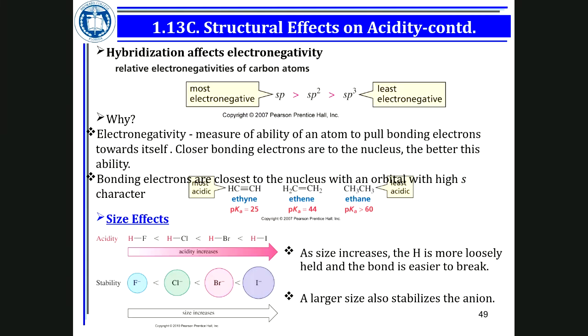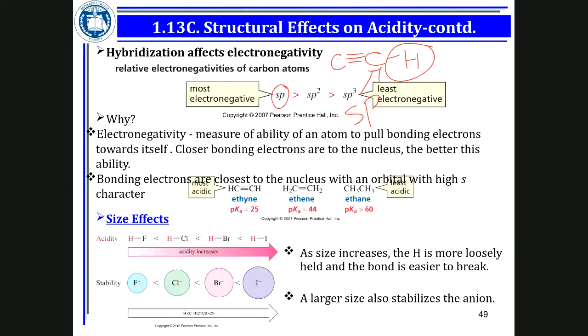Another factor is hybridization. With hybridization, the more s character, the stronger the acid. So if you have something like a C triple bond CH, this carbon has sp hybridization, so this hydrogen is more acidic.